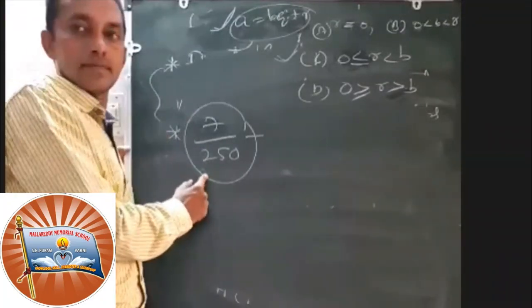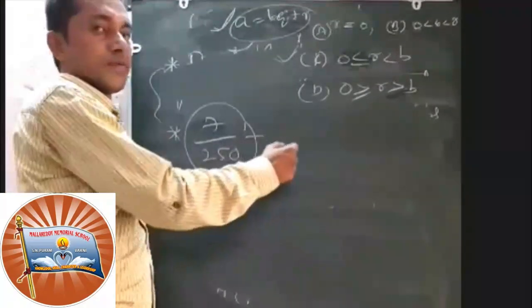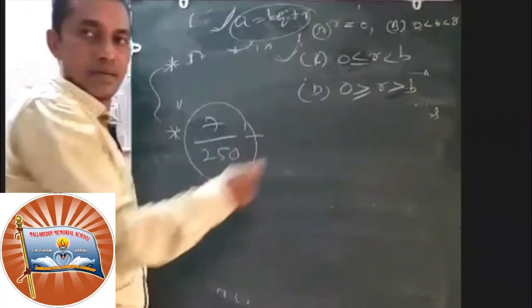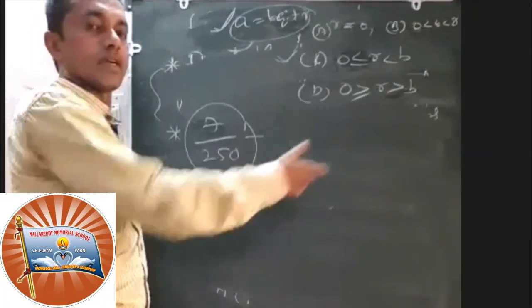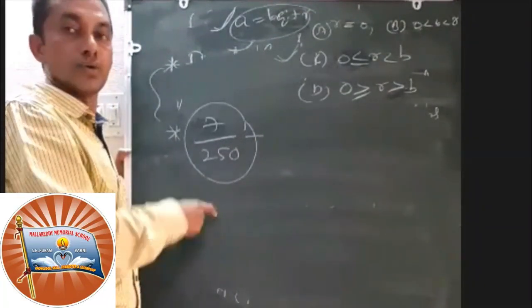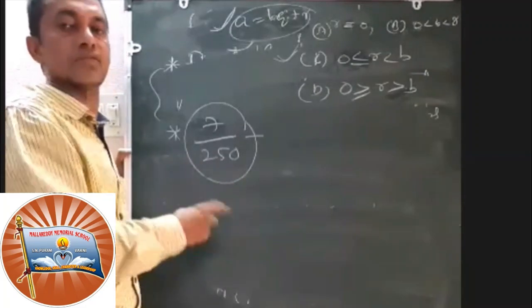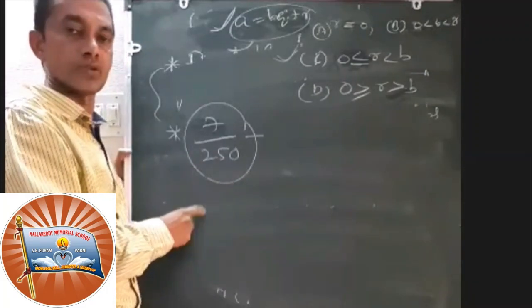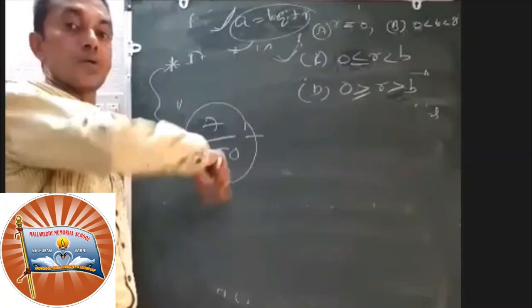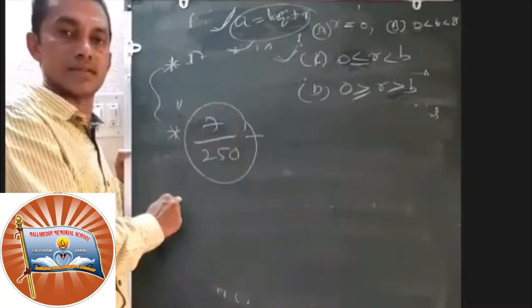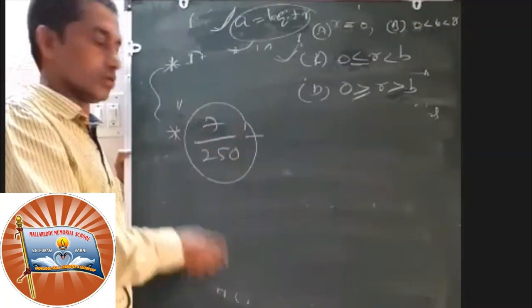Akila said that 7 by 250 can be converted into a terminating decimal. Do you agree with Akila or not, and justify your answer? So this is the question. Then what is the concept behind this question?